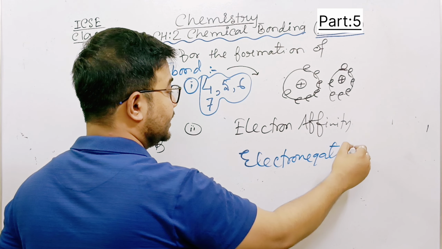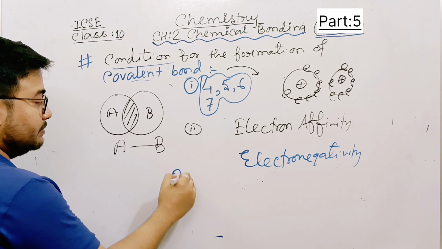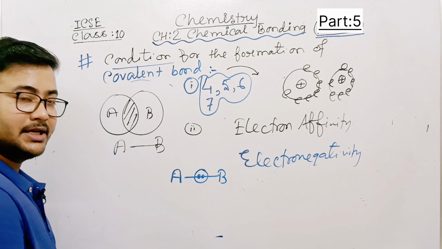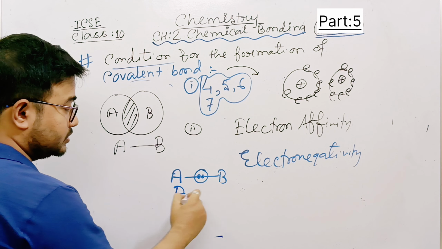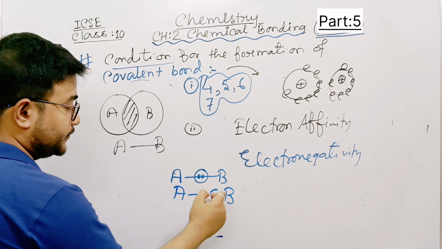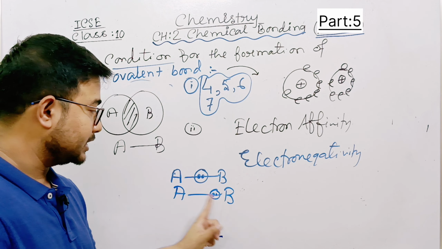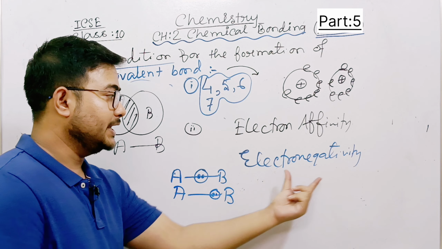What do you mean by electronegativity? I already discussed it in chapter 1. Electronegativity means, suppose in an AB bond, 2 electrons are present, and one atom pulls the electron towards itself. Previously the electron was present in the middle, and if any atom tries to pull the electron towards itself, it is called electronegativity.